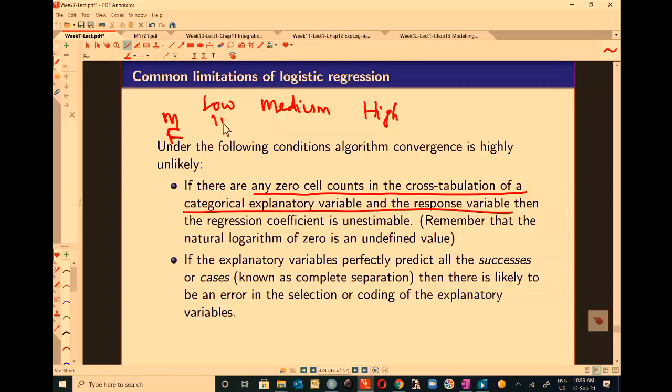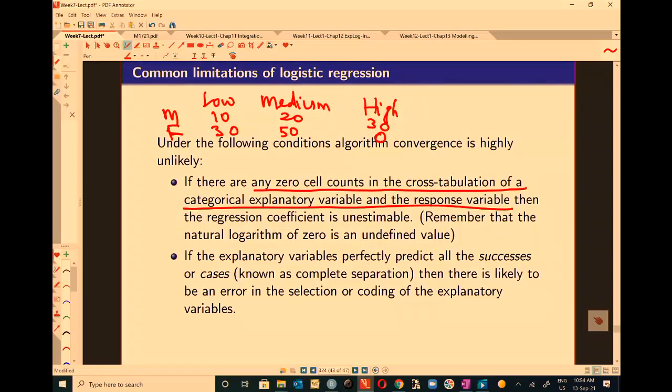I've got 10 males, 20 males, and 30 males across the groups, and 30 females, 50 females, and nothing in the high group. Because I've got no females in the high region, I can't fit a coefficient for females in the high region. It can't be done. There's nothing to estimate because there's no data there, and that's another case where you get NAs.